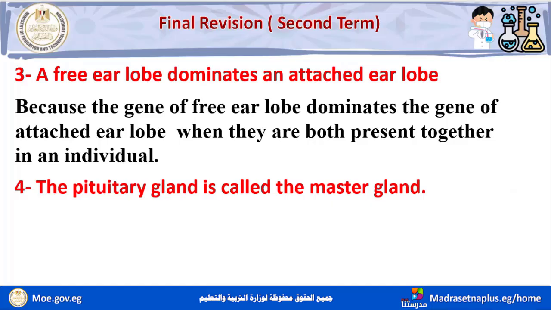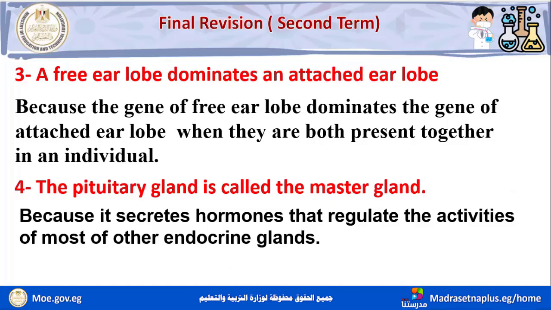Number 4, the pituitary gland is called the master gland because it secretes hormones that regulate the activities of most of the other endocrine glands.